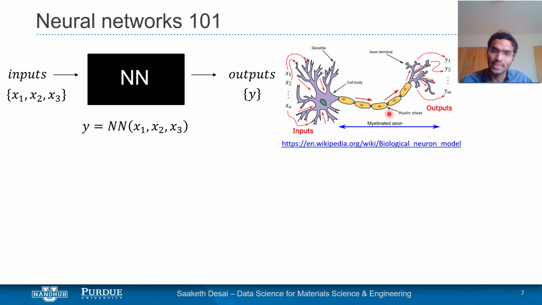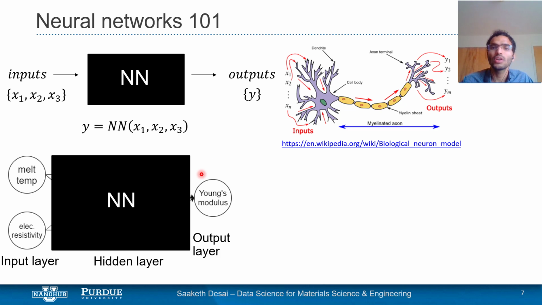And we will abstract this process in our neural network by schematically showing our neural network to take in some inputs, make some computations, and predict an output. That is, in this case, the Young's modulus.